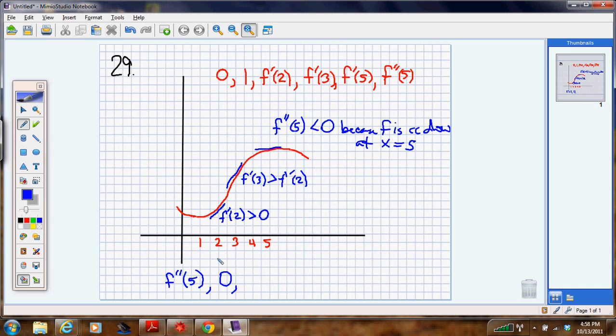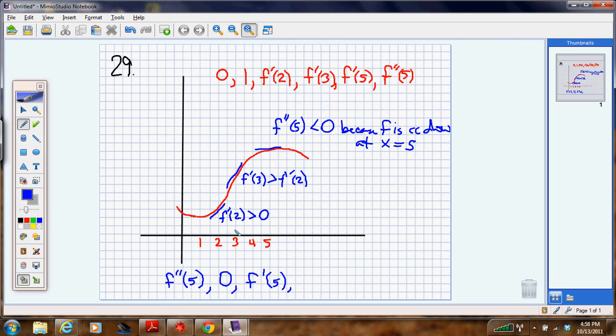We know f prime of 5 is the smallest of all the positive values other than 1 at the moment, because it's the most horizontal. And I think you'd all agree if you look in the book that f prime of 5 is darn near close to 0, and so it's going to be smaller than 1. So I'm going to stick in f prime of 5 right here.